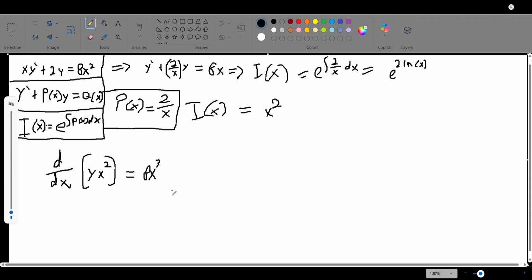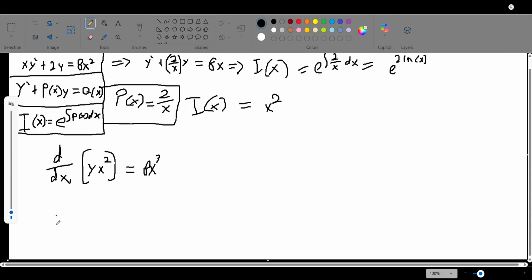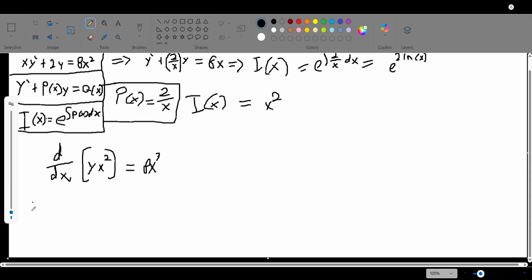And let me write the form for that, actually. So after you get your integrating factor, the form you want to get your equation in is going to be exactly that.